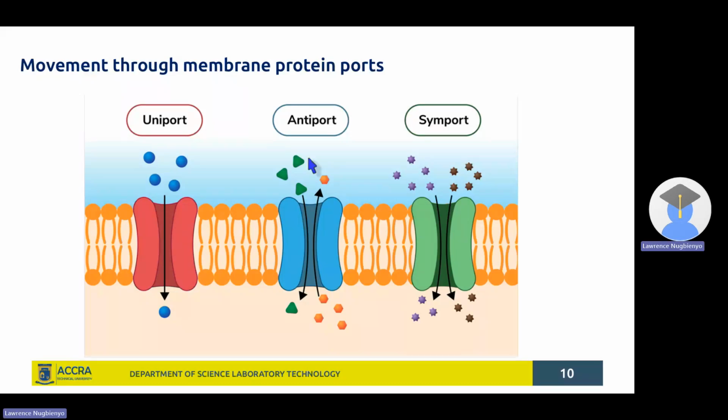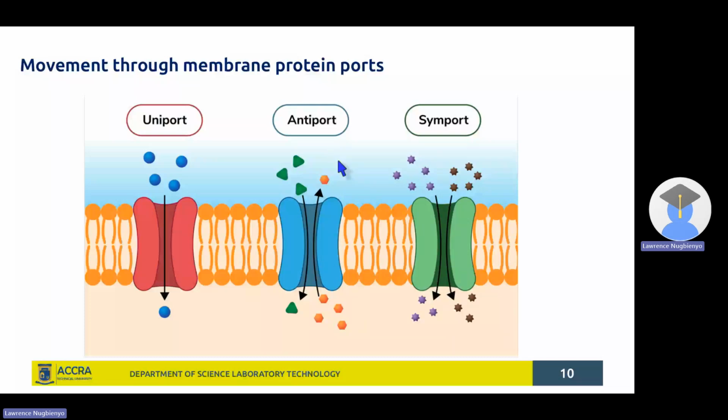Now you have an antiport that allows movement of two or more substances in opposite directions. As you can see, you have these substances depicted with green triangles moving from one side of the cell membrane to the other, while another, which is like a hexagon, is moving from the opposite side to the other side of the cell membrane.